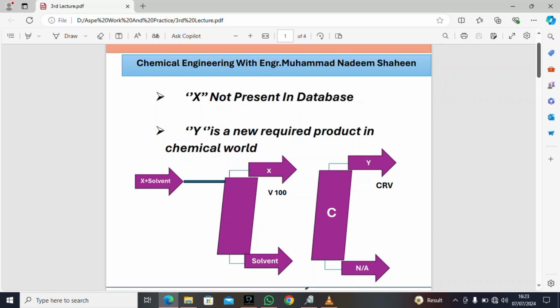You might think maybe I can use Aspen ICs because the components are present. Let's say we have a process where we get x mixed in a solvent, we separate it, getting x and solvent separately, and then we feed x into a converter or reactor.